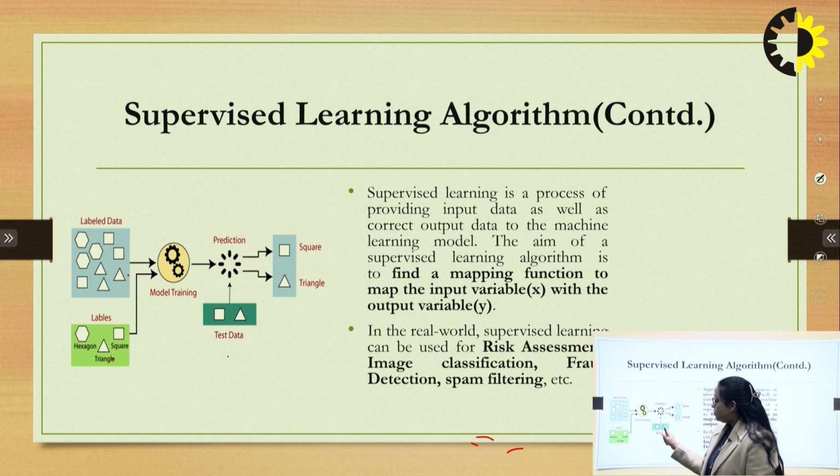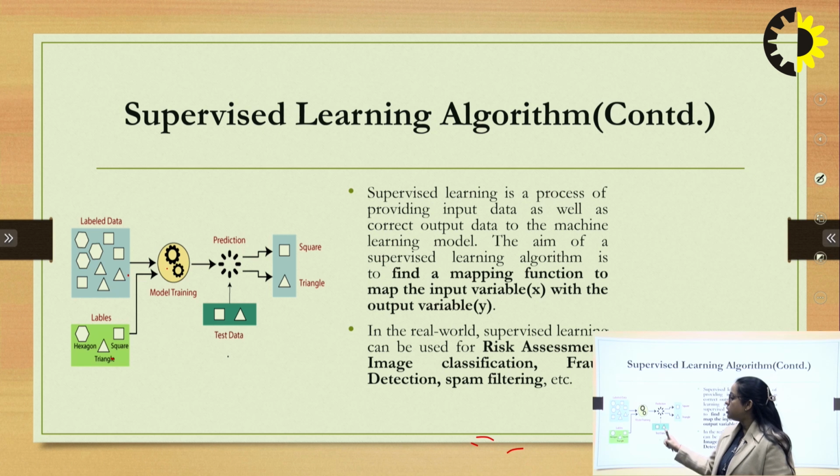So this test data will help us to analyze the performance of the machine. When we test our machine model over this test data, the machine will predict the label, the outcome, of these two shapes on the basis of the labeled data set.